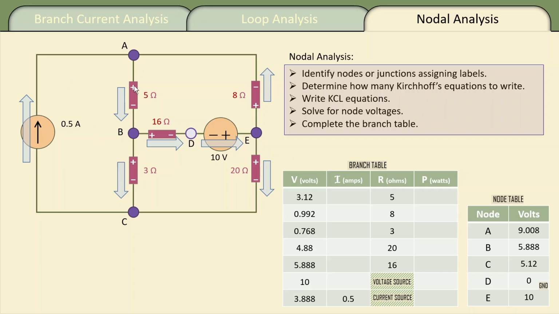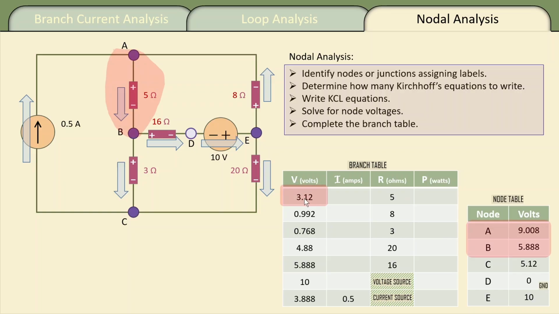Let's look, for example, at the 5 ohms. The node voltage at A is 9.008 volts. The node voltage at B is 5.888. So 9 is greater than 5.888. So the current must come from higher volts to low volts through the resistor, with a voltage decrease from plus to minus.